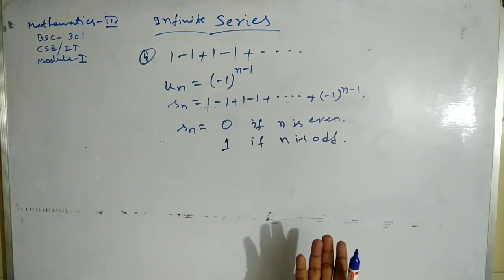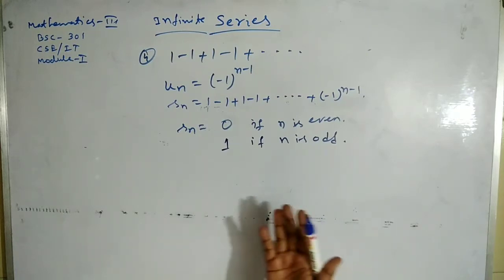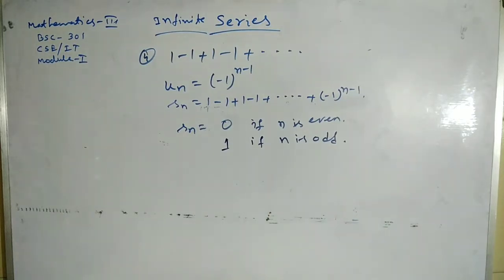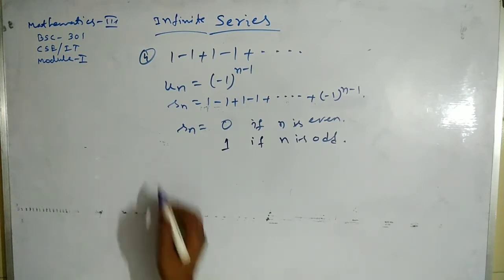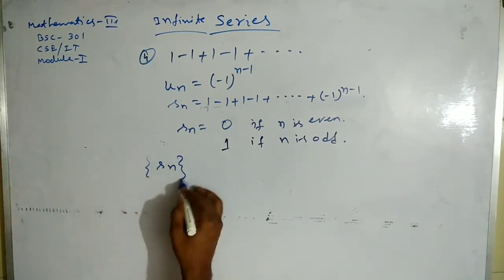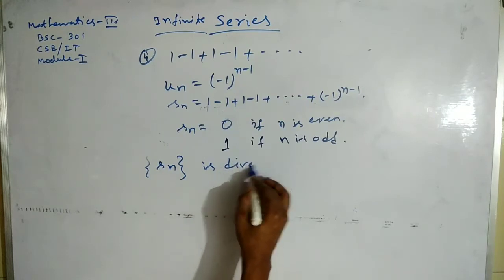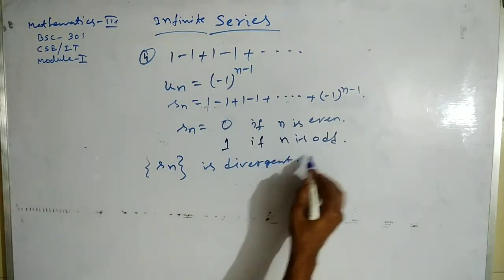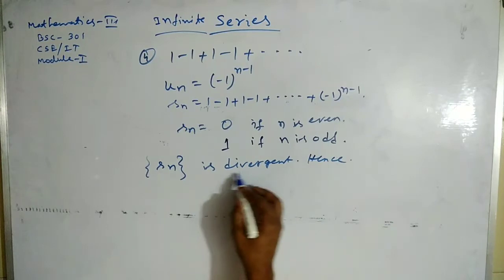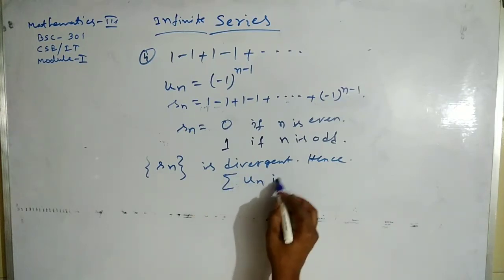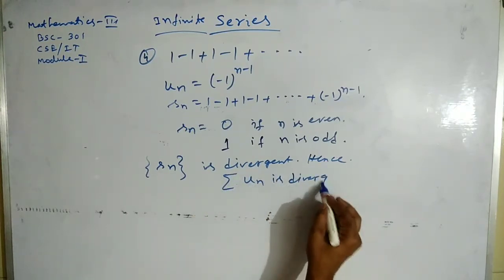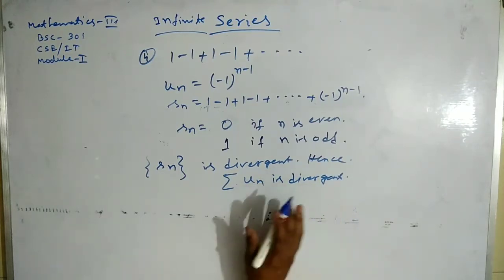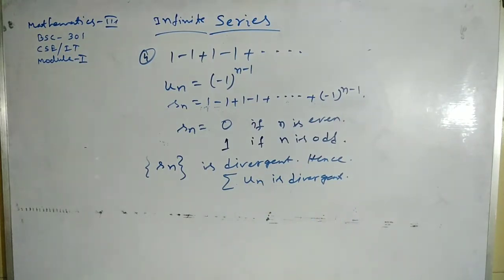If n is even, we get one sum, and if n is odd, we get another result. So it is clear that the sequence Sn is not convergent, that is, it is divergent, and hence the series summation un is divergent.